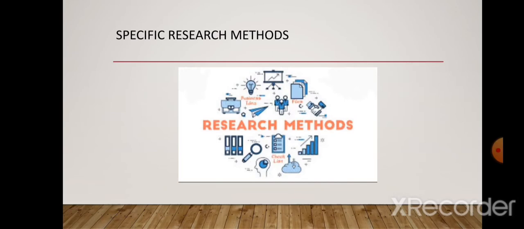Specific research methods. Having decided on the general approach to be taken in the research study, the researcher must next identify one or more specific methods that he or she wishes to employ to gather the necessary data.